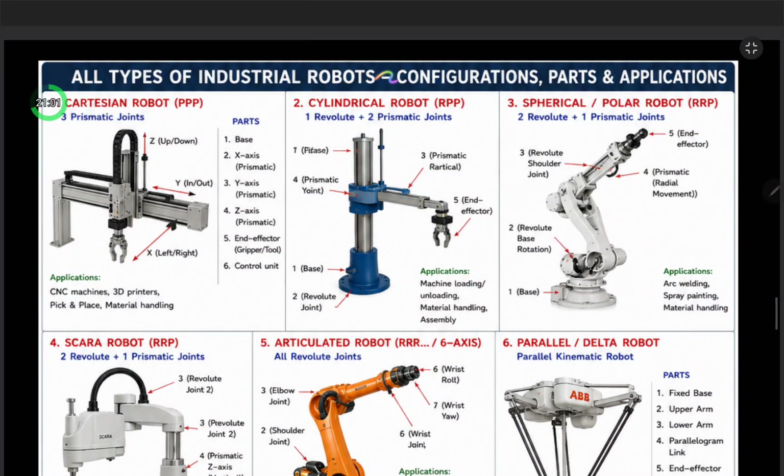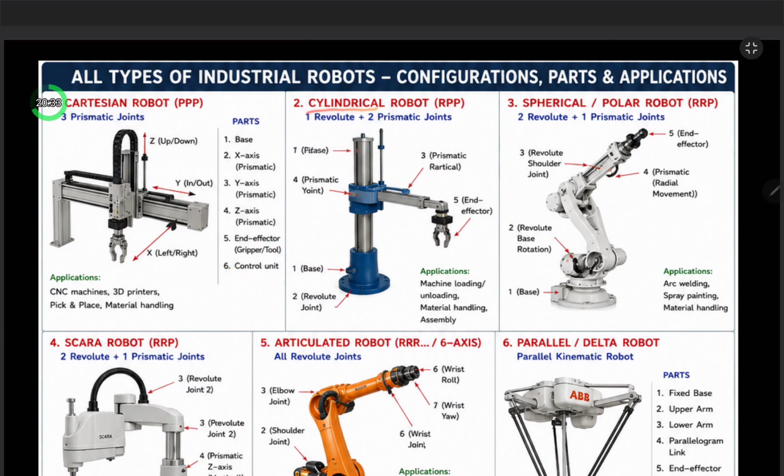All types of industrial robots, configurations, parts and applications. So the Cartesian robot you can see here. The applications are CNC machines, 3D printers, pick and place, material handling. Parts are the base, x axis prismatic, y also prismatic, z axis prismatic, end effector, gripper, tools, control unit.